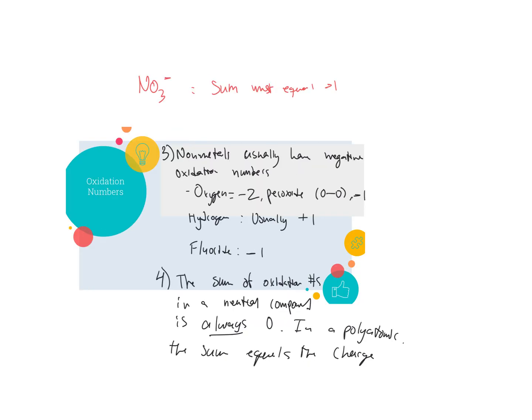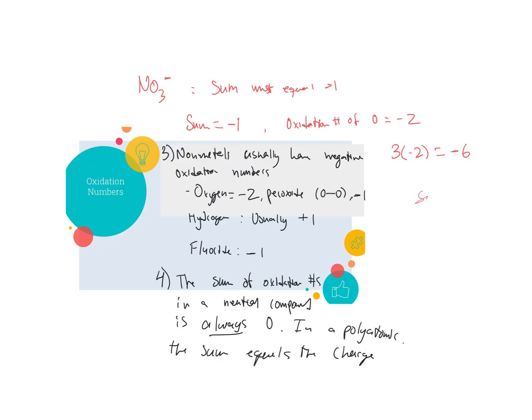If we take nitrate as an example, we know the sum must equal -1. We know the oxidation number of oxygen is -2. There are 3 oxygens, so 3 times -2 is equal to -6.